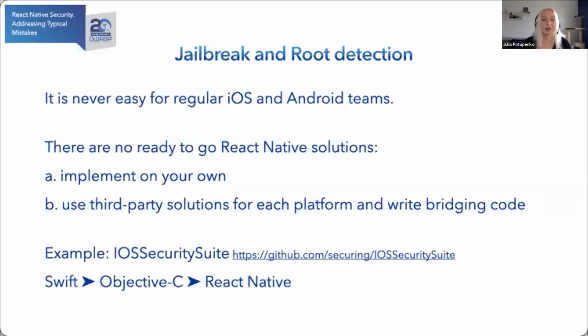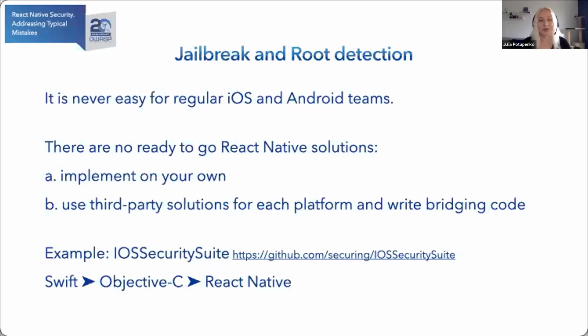For example, this is a very, very good library for iOS security to detect jailbreak, and it follows all the recommendations from OWASP about protection against reverse engineering and tampering. It's called iOS Security Suite. This library is written in Swift, and I really like it and I recommend it.